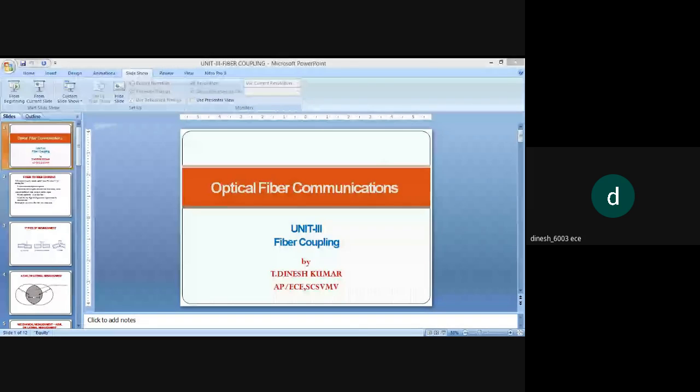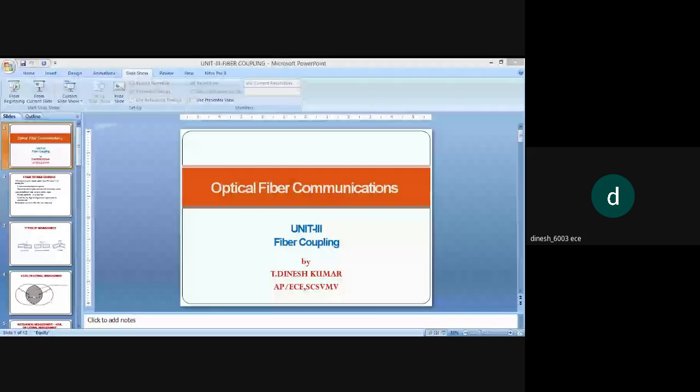Next is the axial or lateral misalignment in graded index fiber. The coupled power is restricted by the numerical aperture of the transmitting or receiving fiber end, whichever is smaller at that point.